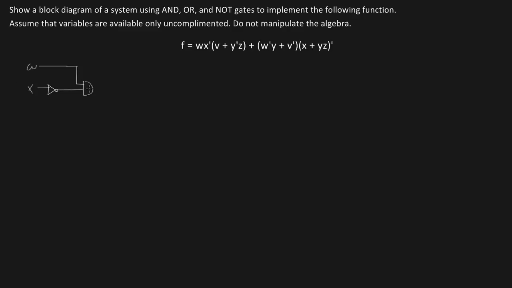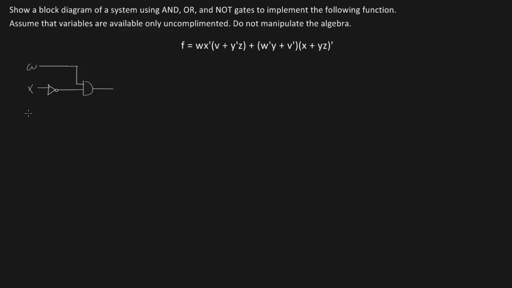Now this is going to be ANDed with this, all this jazz here in the parentheses. So we're going to draw another little line here and switch gears and go over.